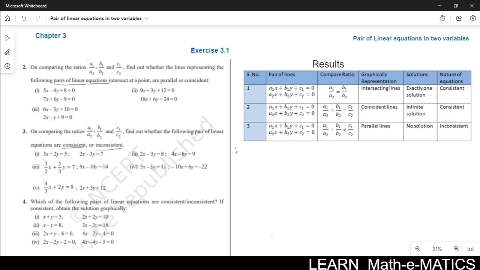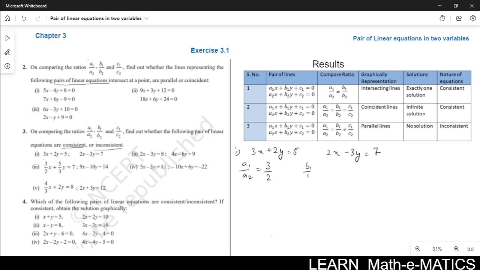So the first part is 3x plus 2y is equal to 5. 2x minus 3y is equal to 7. Right? So again compare a1 upon a2, that is the coefficient of x. In the first equation the coefficient of x is 3, and in the second equation the coefficient of x is 2. So the first ratio is 3/2.